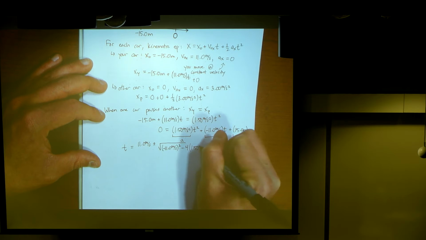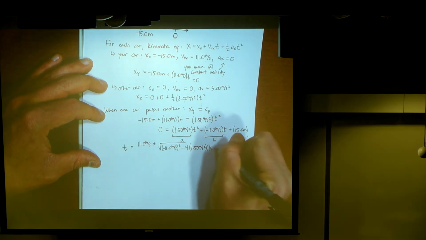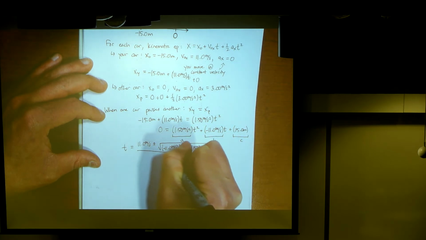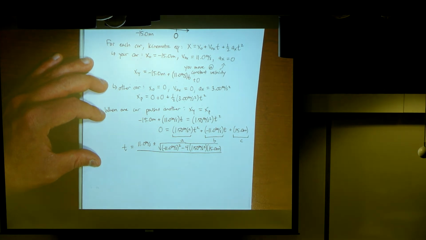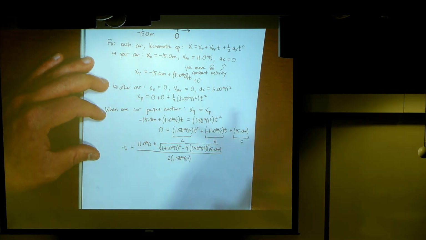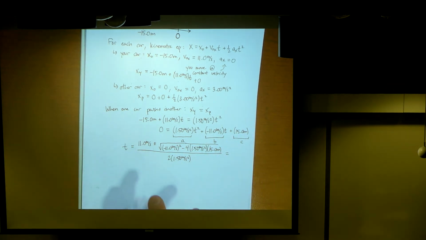A is 1.5 meters per second squared. C is 15 meters. Okay, so I'm not writing down the formula, I'm just jumping straight to what the numbers are. And then we have 2 times A, which is 1.5 meters per second squared. So that involves a little bit of number crunching, but that's how you set it up.